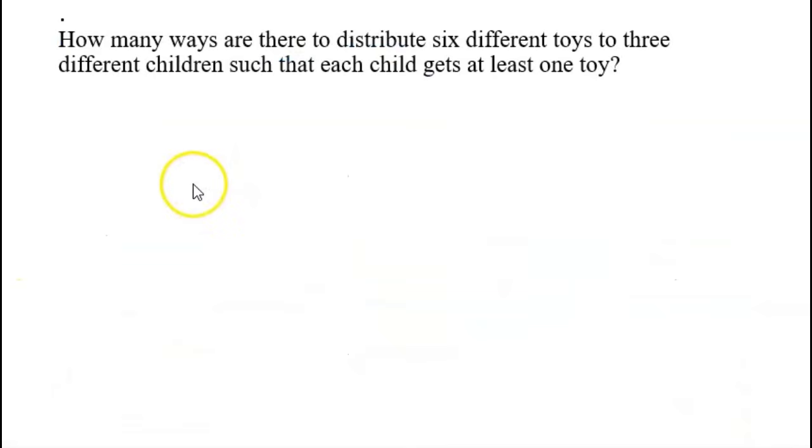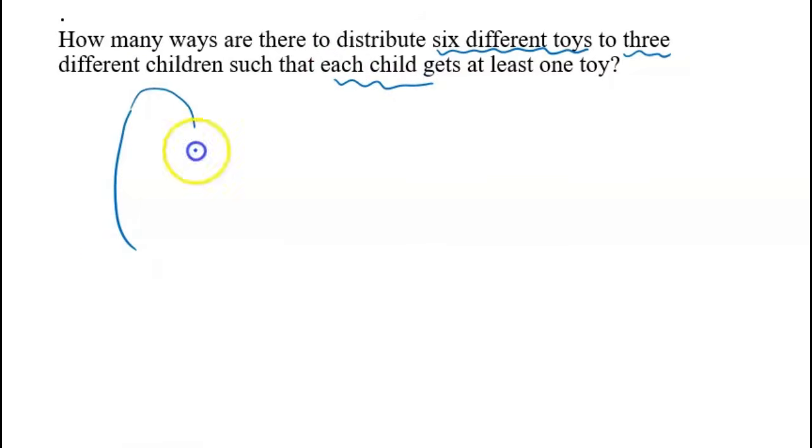Now let us look at this problem. How many ways are there to distribute 6 different toys to 3 different children, such that each child gets at least one toy? So here also we have a situation where we have to count the number of onto functions. What is the situation here?